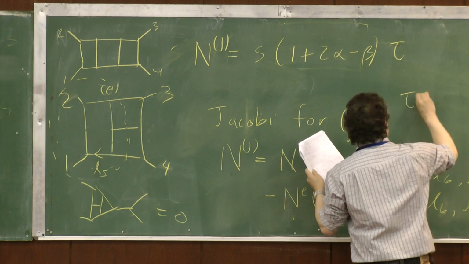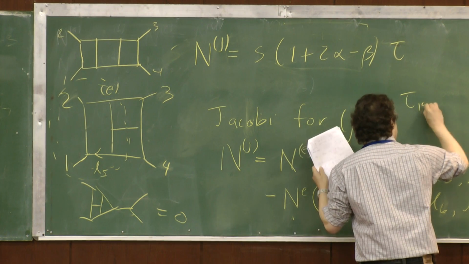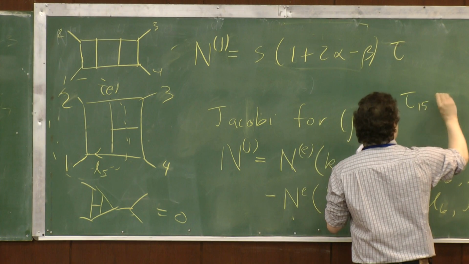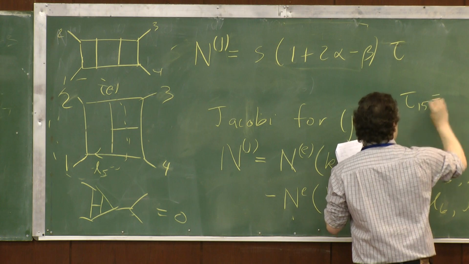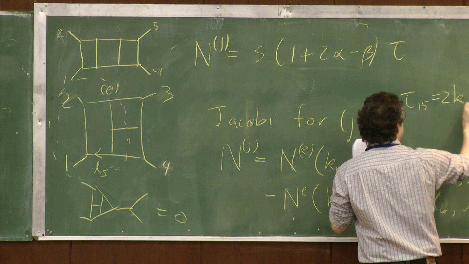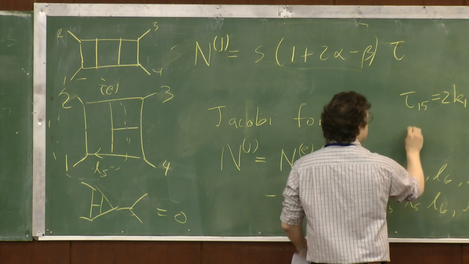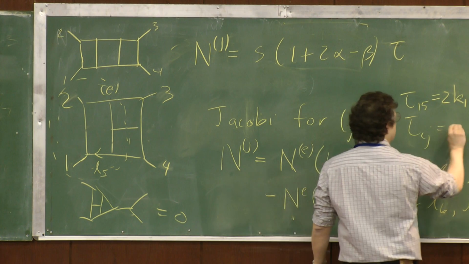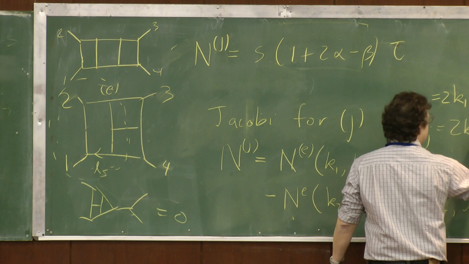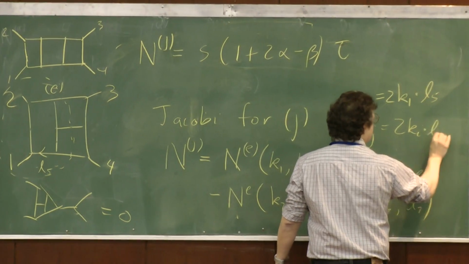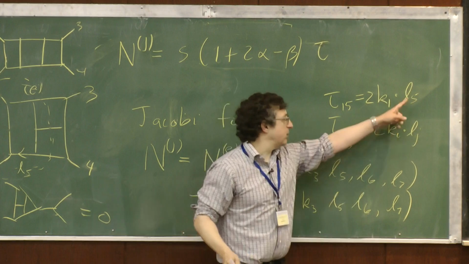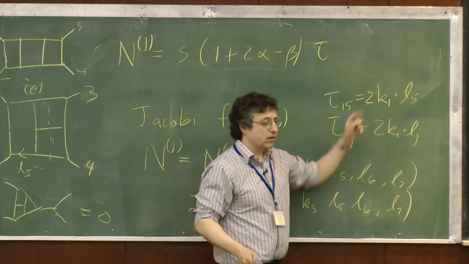Oh, and sorry. Let me define tau ij is equal to 2ki dot Lj, just to make it a little bit simpler to write. So L is a loop momentum, k is an external momentum.